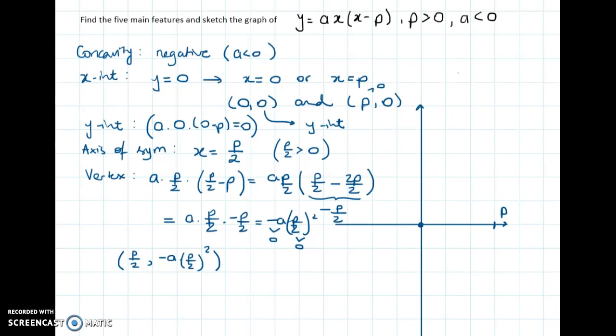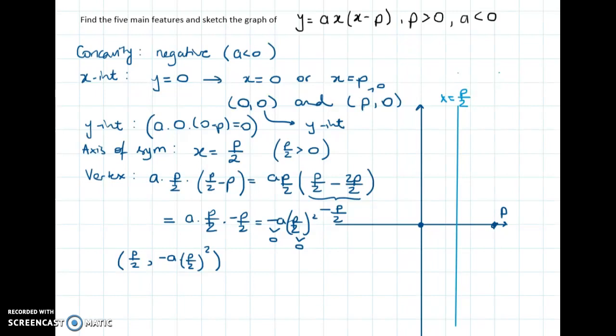So we have one x-intercept here and the other one here. Halfway, I need to draw the axis of symmetry. That's over here, and it's at x equals p over 2.